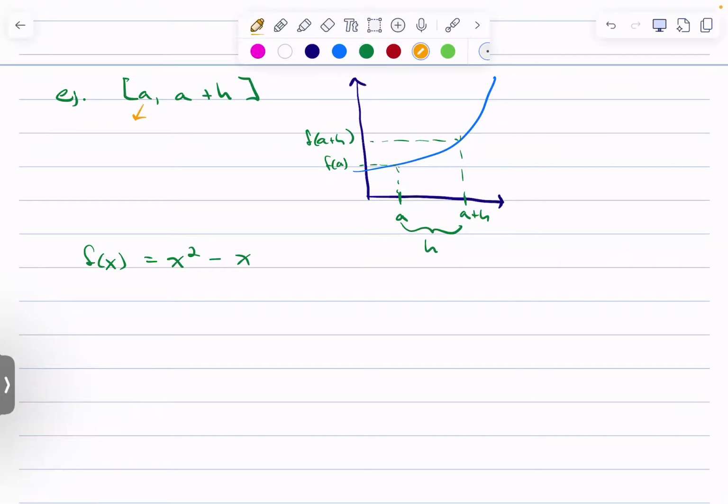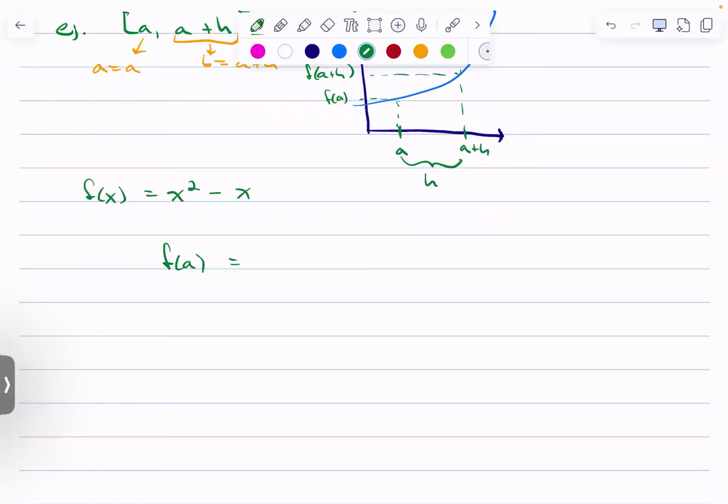So here, a equals a, but b must be a plus h. Slightly more complicated, but not too bad. What's the next thing we did? Well, we found f of a and f of b.